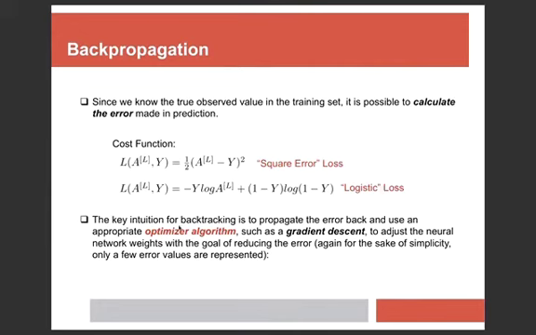The second parameter in the backpropagation is the optimizer algorithm. It is used for backtracing to propagate the errors through the network, and this process is called the optimization algorithm.